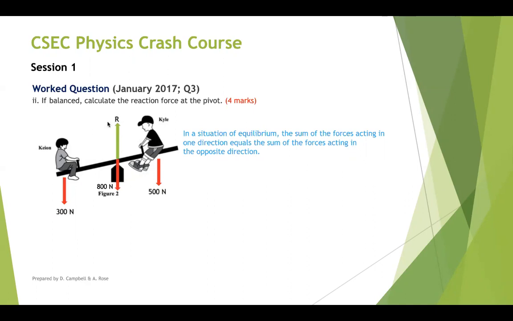So the sum of the upward forces, in this case we only have one, which is the reaction force, must be equal to the sum of the downward forces. So it means therefore that R, the reaction force, would be equal to 300 newtons plus 800 newtons plus 500 newtons, which is 1,600 newtons.